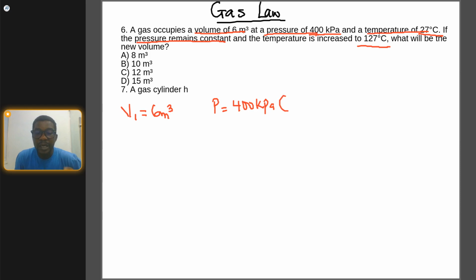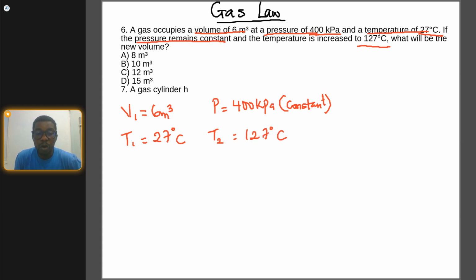A condition was stated that the pressure remains constant, so I'll write that in brackets. When the volume was 6 meter cube, the temperature was 27 degrees Celsius, and the temperature increases to 127 degrees Celsius. T2 is 127 degrees Celsius.